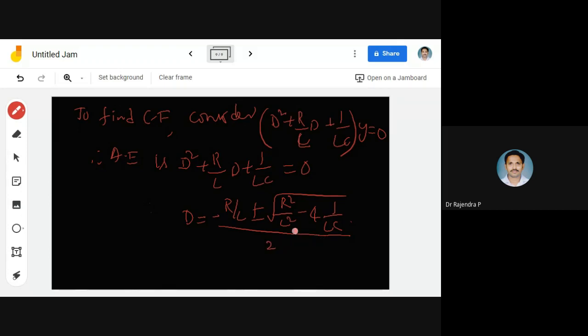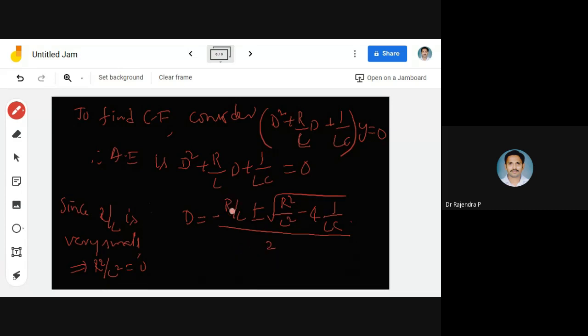And I told you that since R by L is very small, as given in the problem, we can truncate R square by L square, equal to 0, because R by L itself is very small.